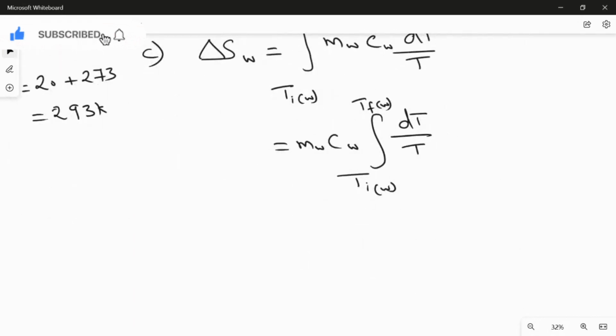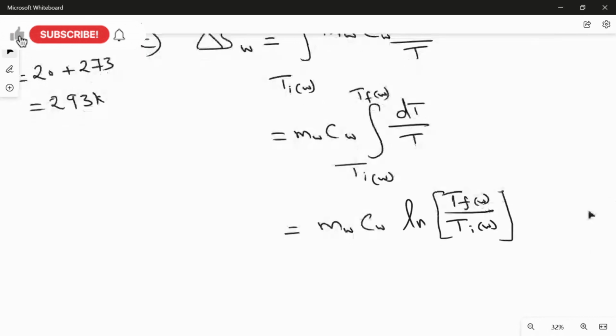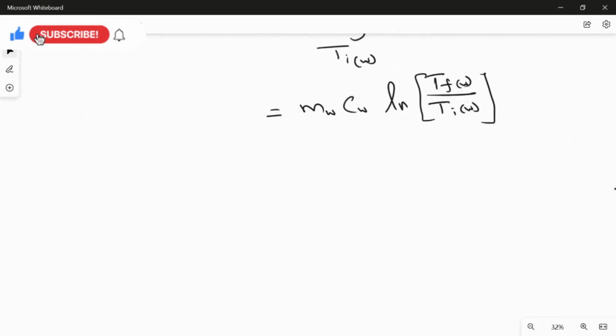And here the integration of dT over T will give natural log of T, right? So here m_w, c_w, and natural log of T. So when you apply the upper limit and the lower limit, you will get T final of water divided by T initial of water. Now I am going to substitute the values here. The mass of the water is 50 grams.